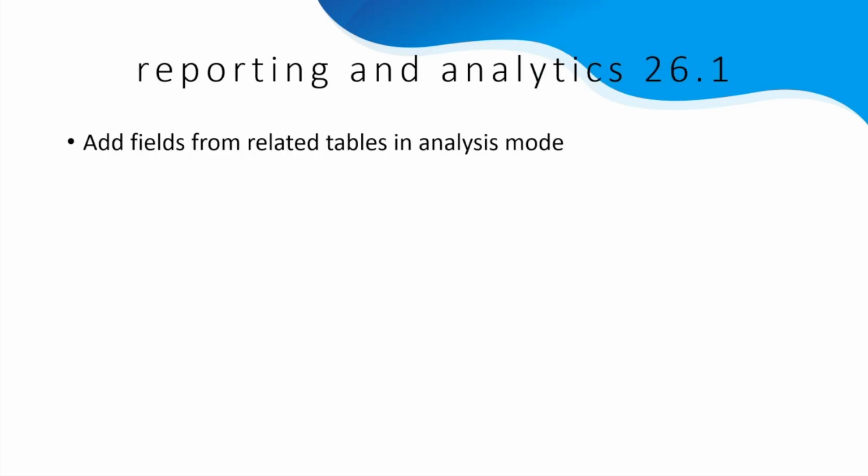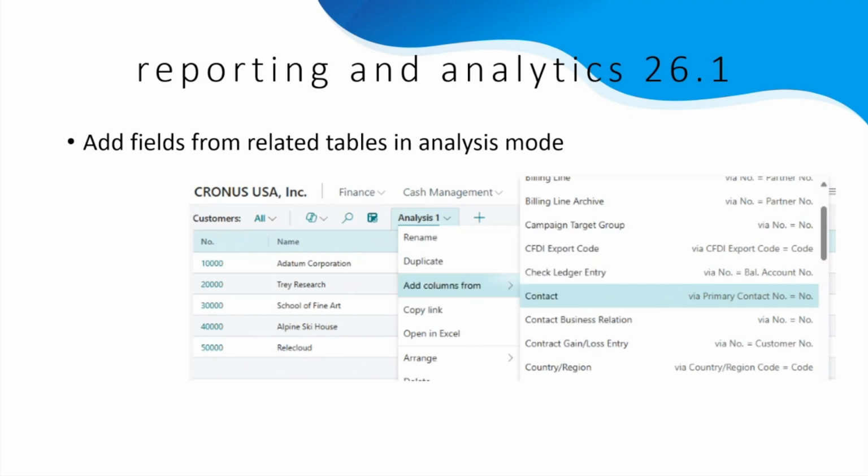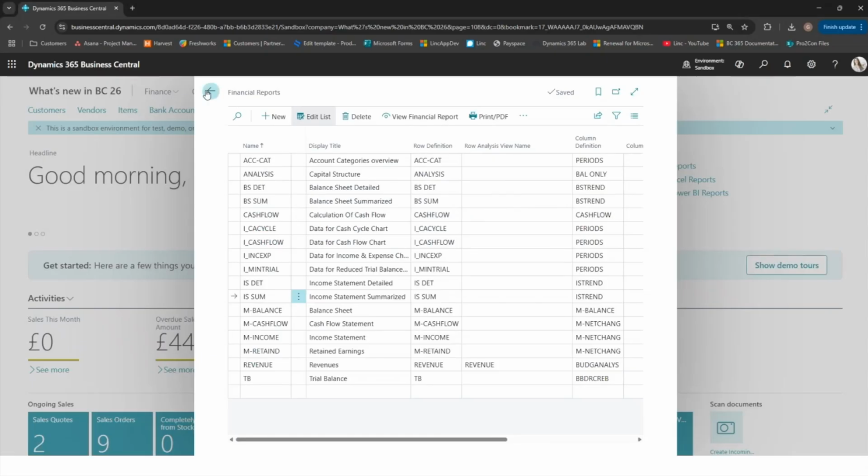Cool stuff. More exciting features on the analysis views is that you would have the ability now to add fields from different tables. So as we've seen before in our analysis views, just going to show the table quickly so we're all on that same page.